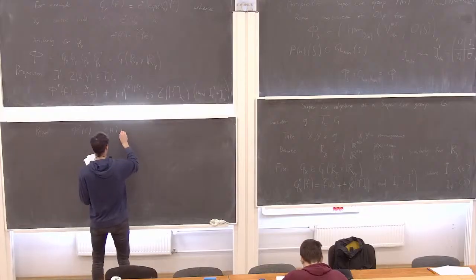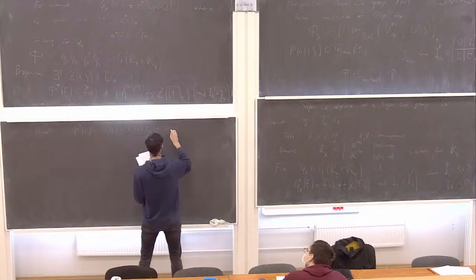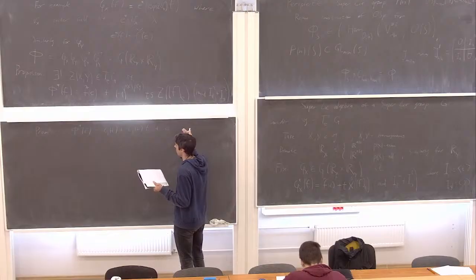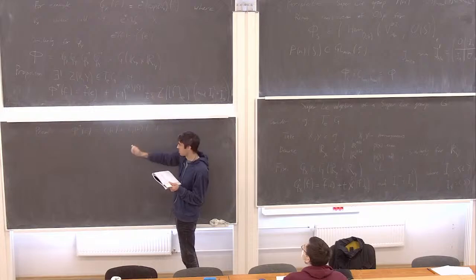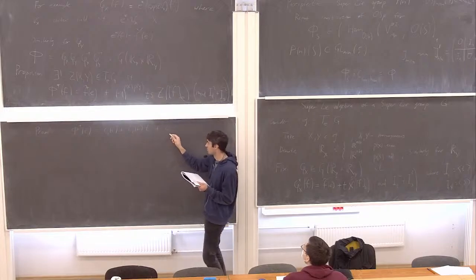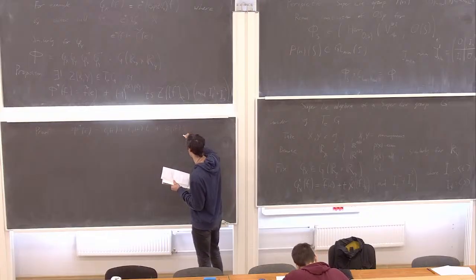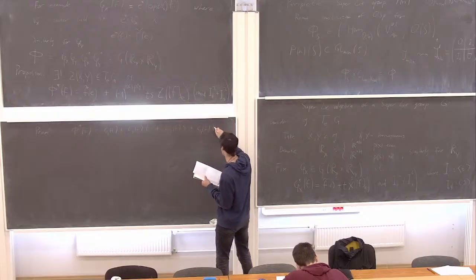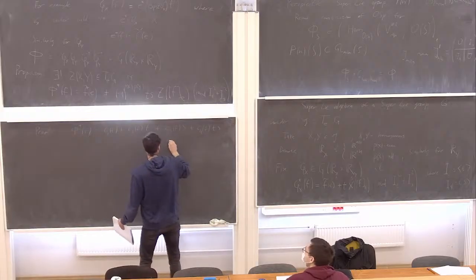Plus C2 of f, which is the coefficient for t, plus C3 for s. So I just write a general element of a function on R x times R y. It has a constant term, some coefficient for t, some coefficient for s. All these coefficients depend on f, of course. And then you have a coefficient for ts, and then something that we don't care about.